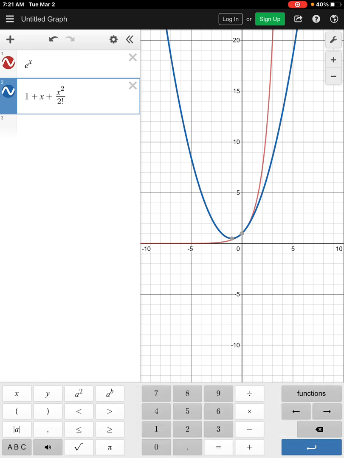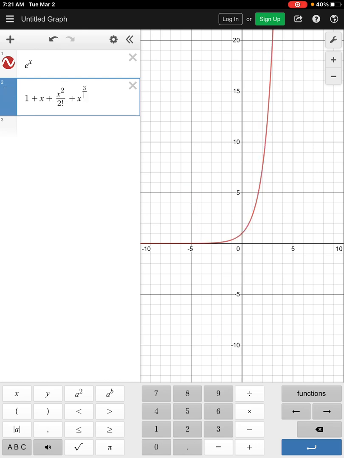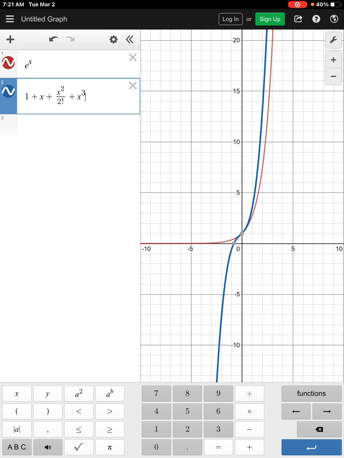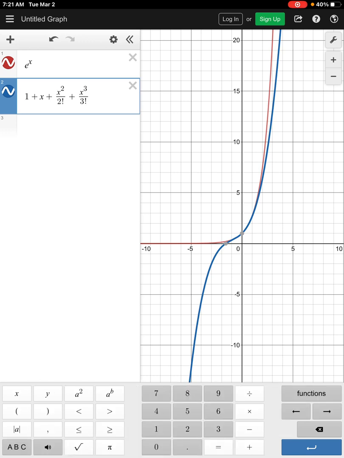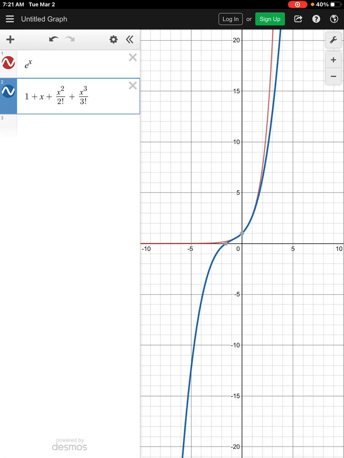Let's see if we can write more terms. Plus x cubed divided by 3 factorial. That's starting to be pretty good, but only for a small domain so far.